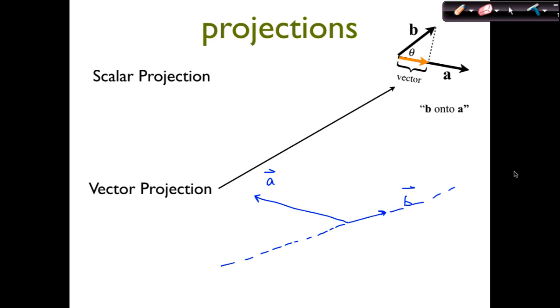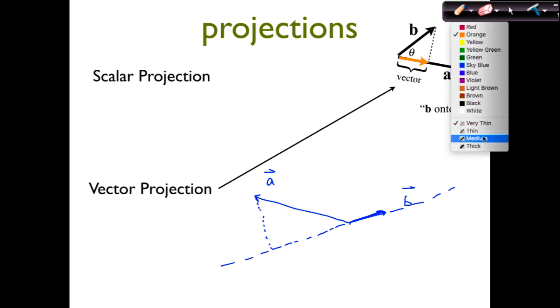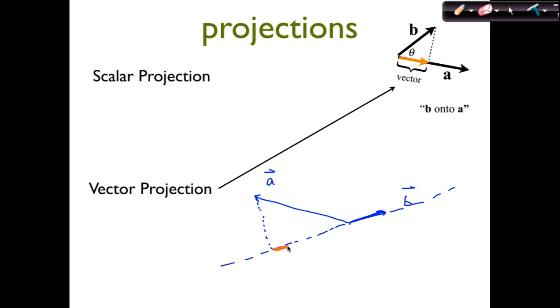So I did that with a dotted line. And now my vector projection of A onto B, let's go with orange, and I can make it thicker. So that would be my vector projection of A onto B.